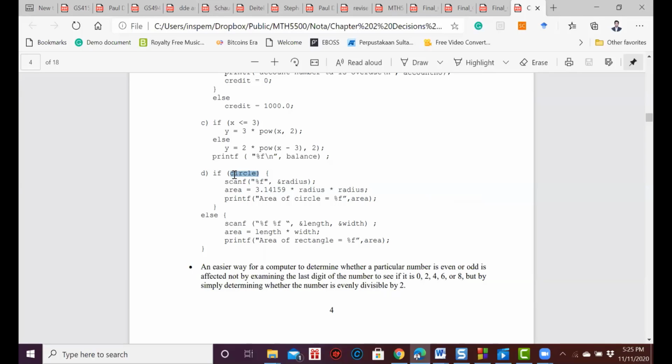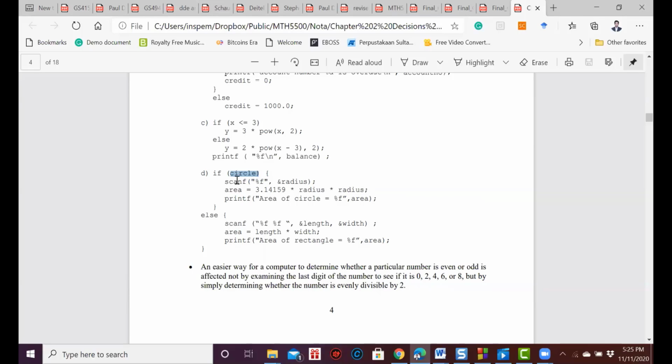Other than 0 is true. For example, if circle value is 1, 1 is true. 2 is true also, 3, so other than 0 is true. -1 is true. Other than 0 is true.